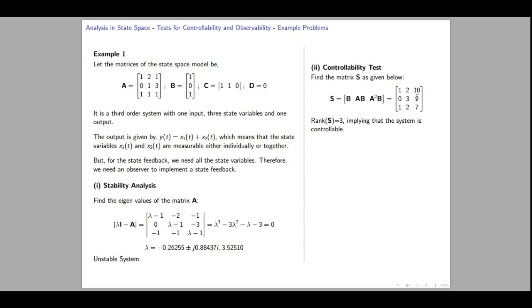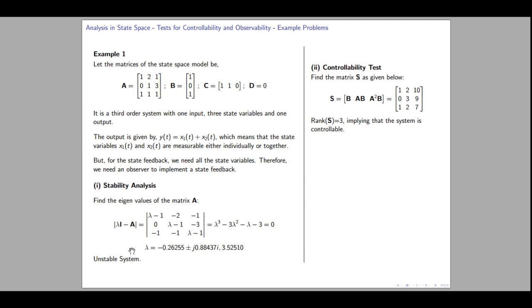You can refer to any mathematics book, and you can reduce it to this reduced row echelon form. Now the number of non-zero rows gives you the rank of the matrix. If we find it that way, the rank of this matrix is going to be 3, which implies that the system is controllable.